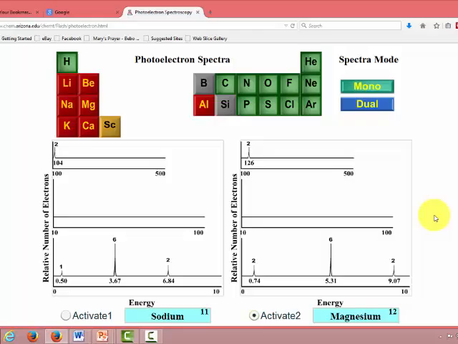Sodium and magnesium here, for example. We can compare peak positions and peak heights. For example, we can see that all the peaks in magnesium have higher energies than the comparable peak in sodium. We can see that the lowest energy peak of magnesium is twice as big as the lowest energy peak in sodium.